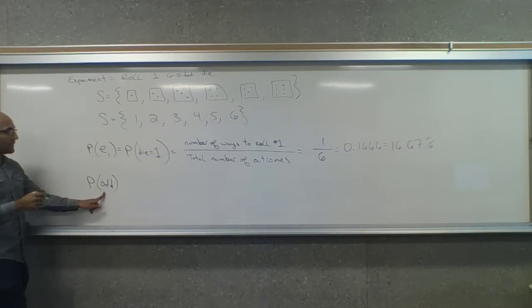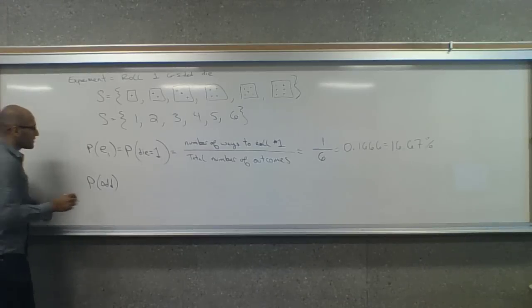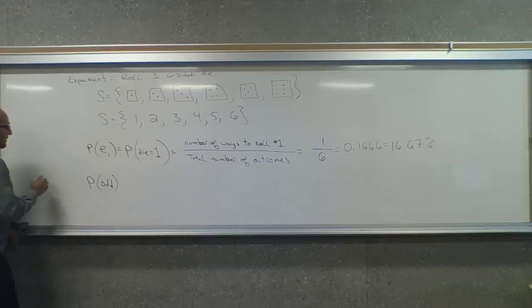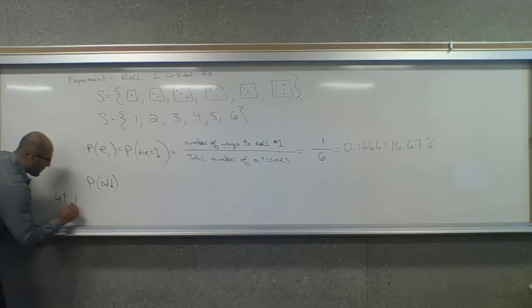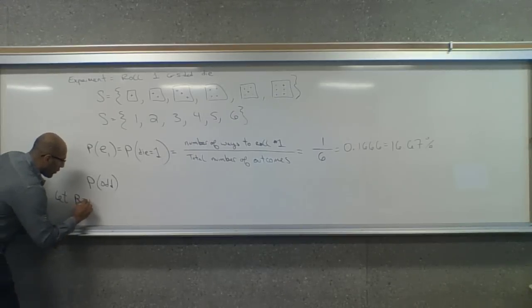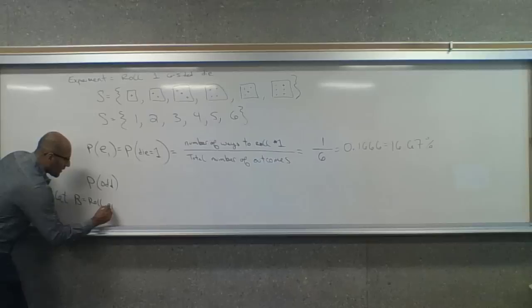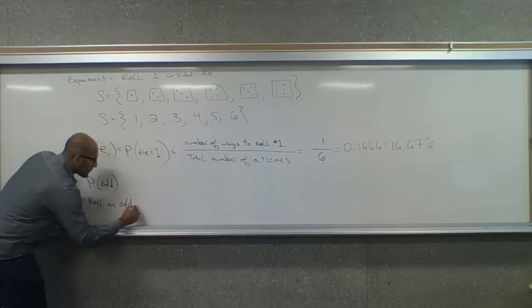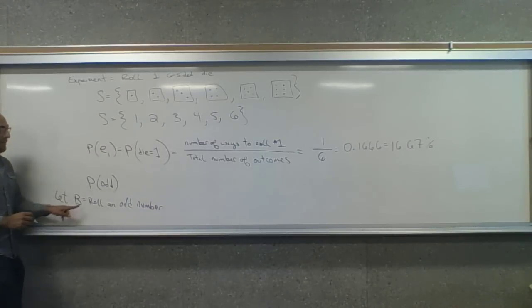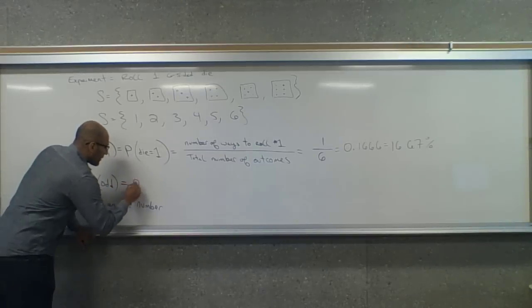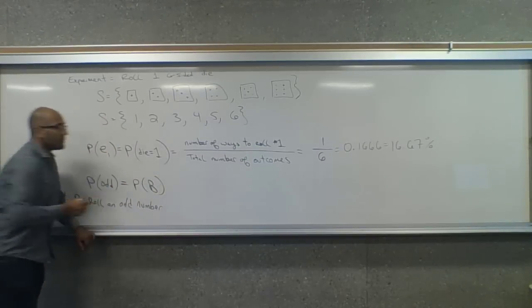On the other hand, now let's find the probability that we roll an odd number. As far as notation, we can also define some capital letters. Let's say we let B equal roll an odd number. If we let capital B represent that, then we can also rewrite this as P(B).